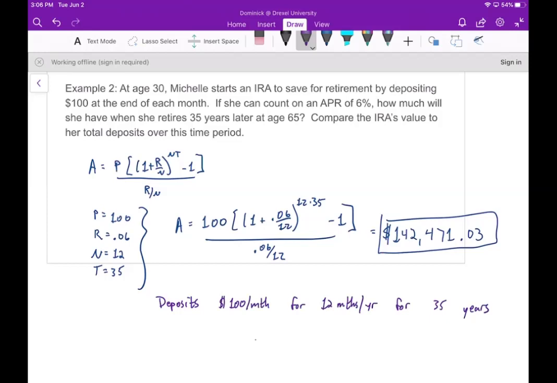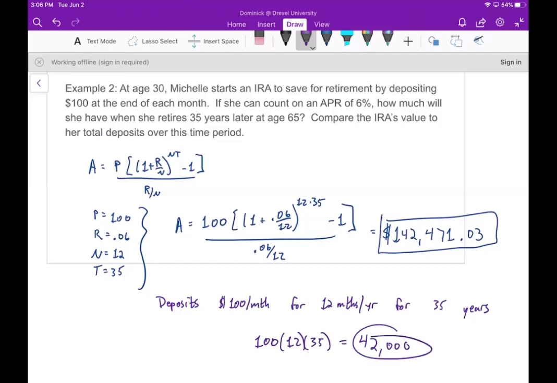Right, so we're just going to multiply all these together. So it's 100 times 12 months a year for 35 years. So if I do 100 times 12 times 35, we're only putting in $42,000.